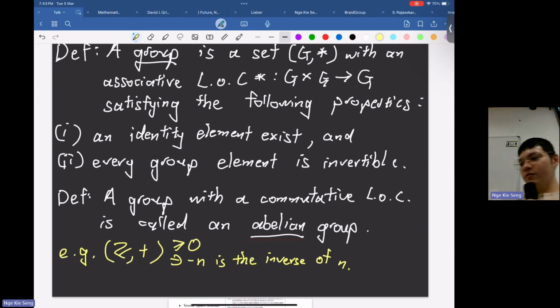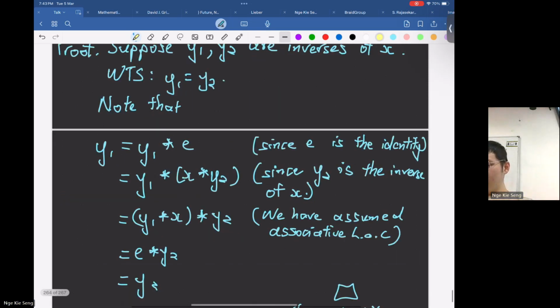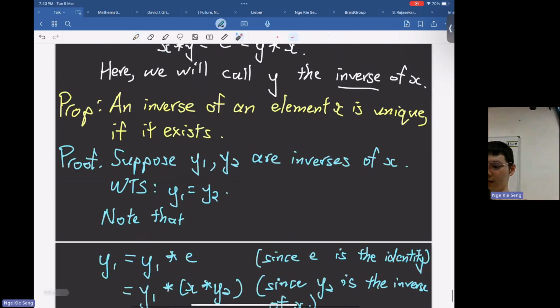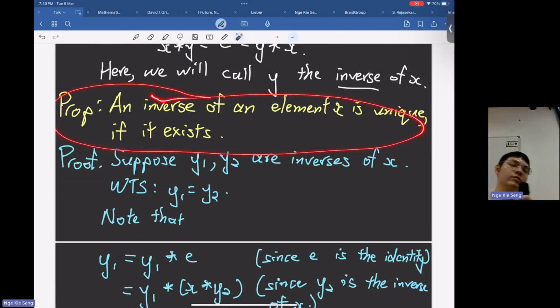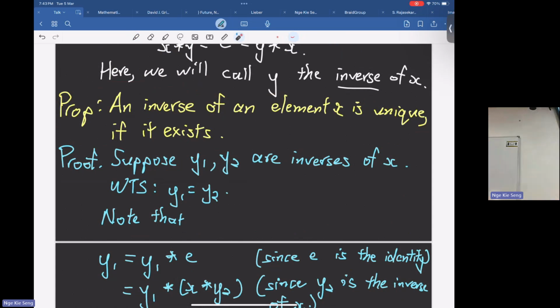But what we have done just now is we have shown it for the general case. So this is the power of a proposition. When we prove a proposition, this works for any set with associative law of composition. That's why mathematicians are obsessed with propositions, because we want general statements, not just examples.